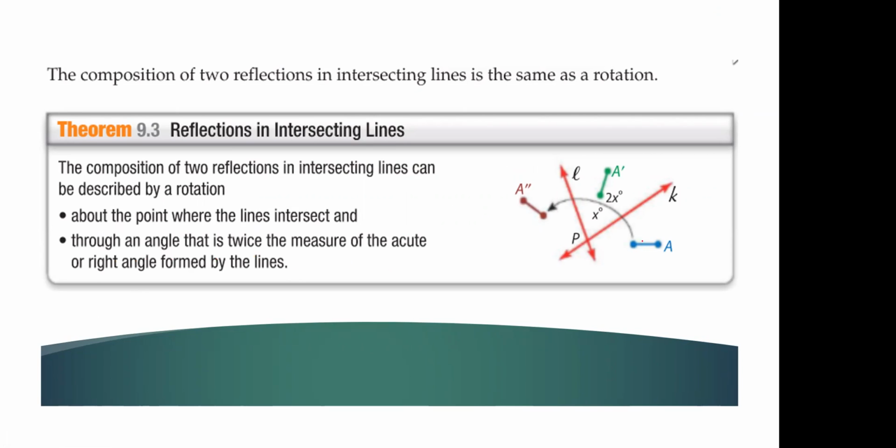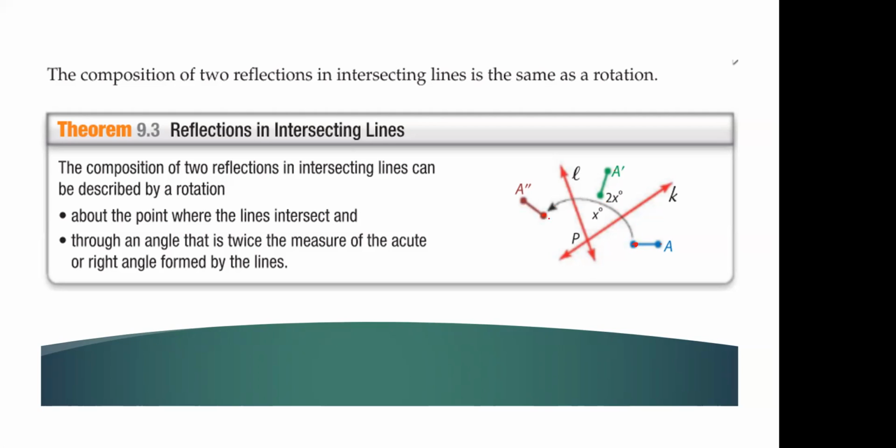So here we have the original point A, and then we have the reflections here. And so you're going to be asked what is the angle of rotation from this point to the final point.